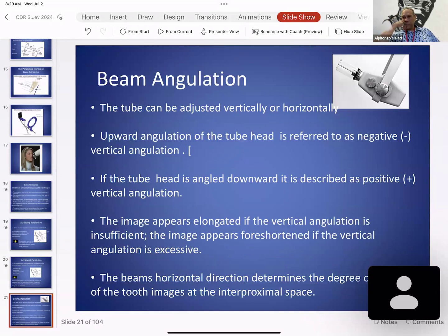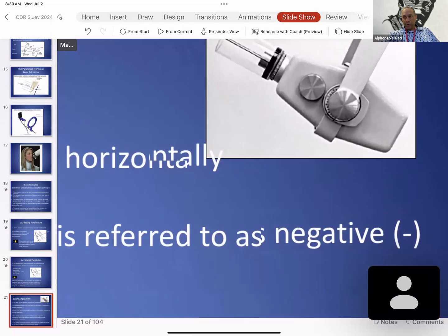Okay, beam angulation. When the X-ray tube is pointed up, you should understand that that's called negative vertical angulation. When the X-ray tube head is pointed toward the floor, it's called positive vertical angulation. If you look at the side of the tube head, you can't really see it that well, but maybe you can blow this image up and you can see it a little closer down here.